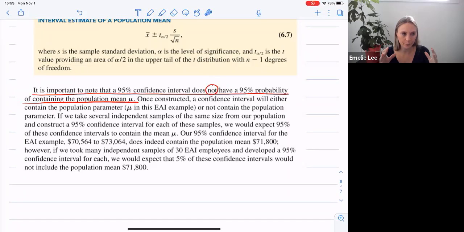And so that's what it goes on to say here. So once constructed, the confidence interval will either contain the population parameter, so mu if you're building one around X bar, or not contain the population parameter. We don't know, we're only 95% or 90% confident.